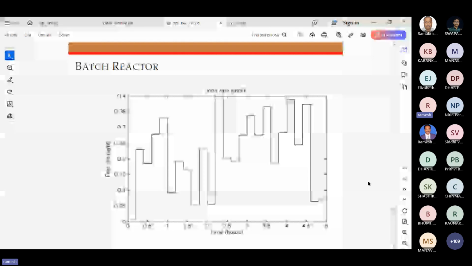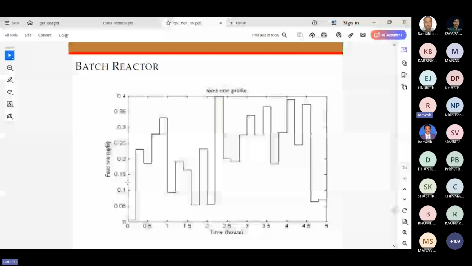What we have done is, the time of operation is divided into small segments. I think it is 10-minute segments or something like that. For each 10-minute time period, we have assumed a constant feed rate, and then this whole thing is created as a profile.